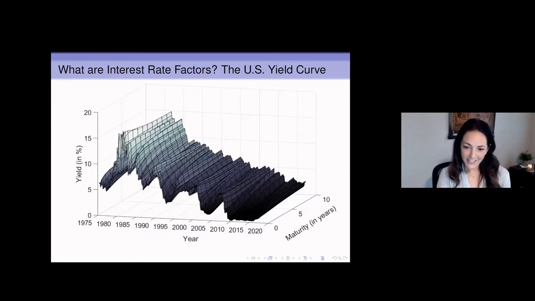So these are interest rates, and as you can see, there is a lot of movement and rich dynamics that capture very valuable information. But how do we use this information? And this is where interest rate factors are going to come into the picture, because interest rate factors are variables extracted from the yield curve by principal component analysis.